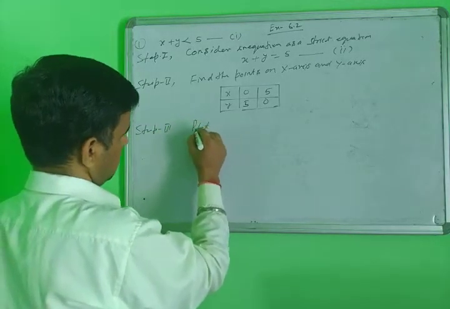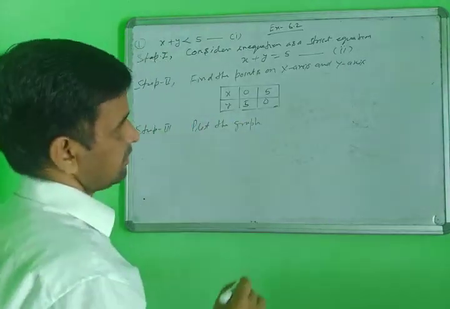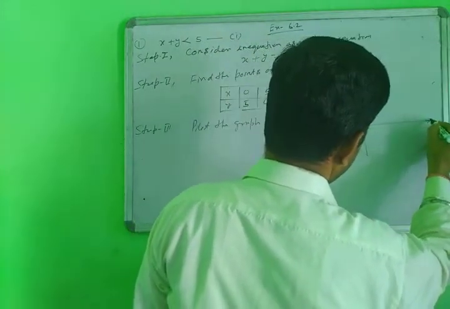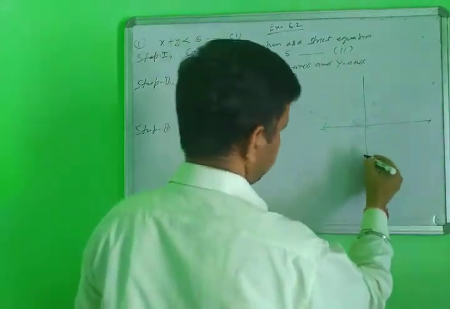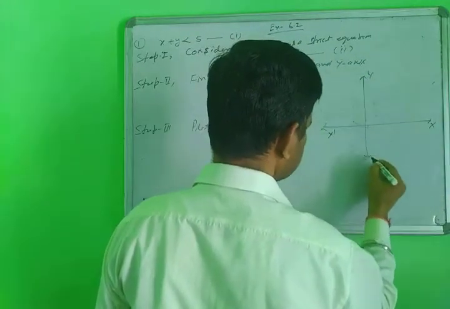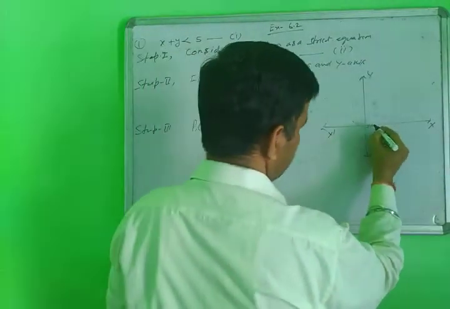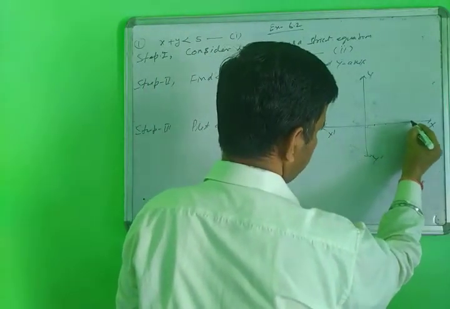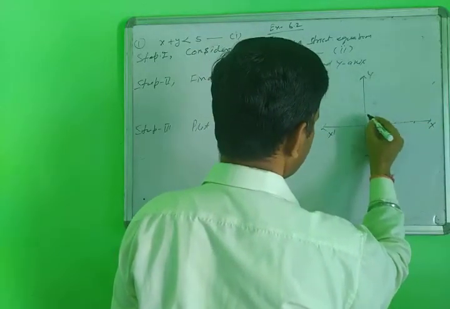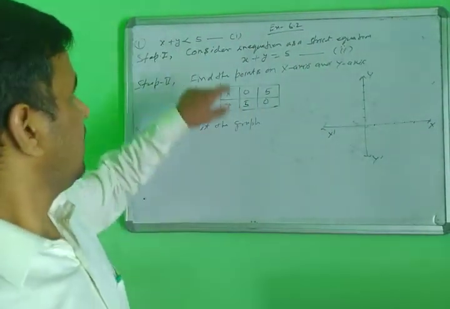Step three: plot the graph in this way. This is the x-axis and this is the y-axis. Mark 1, 2, 3, 4, 5 on each axis.